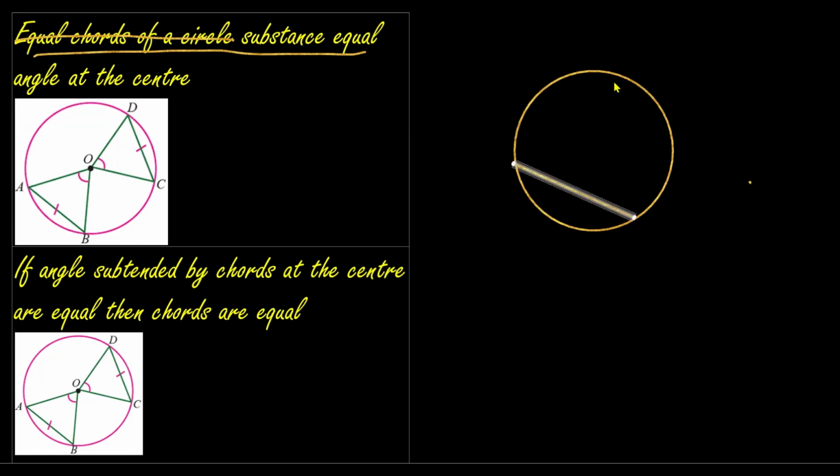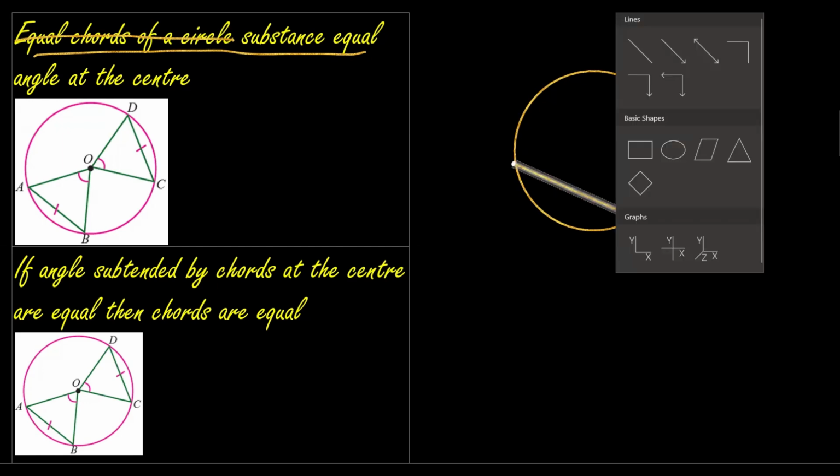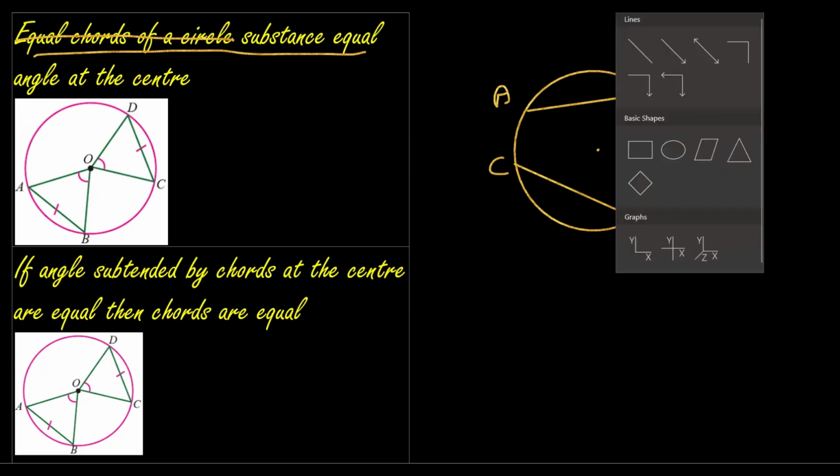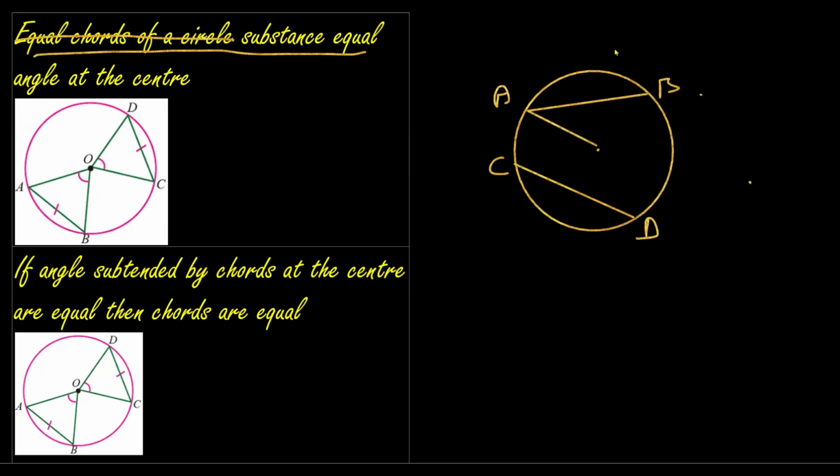Let's name this chord AB and this one CD. So the angle subtended by these 2 chords at the center means joining these points to the center. This is the angle subtended by the first chord, and this is the angle subtended by the other chord.